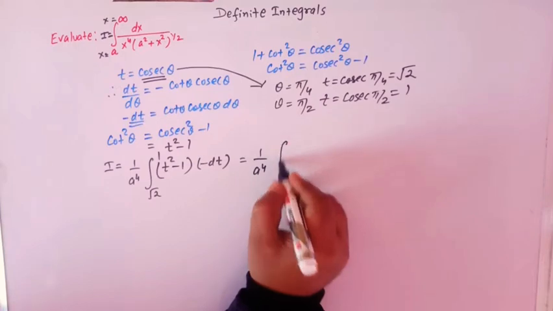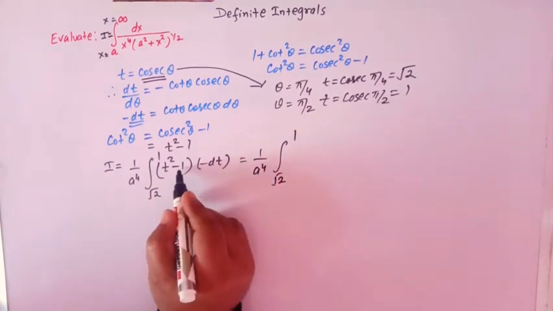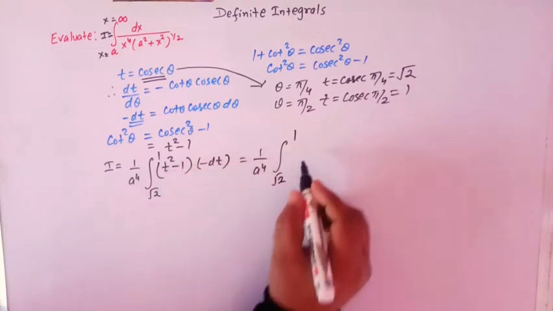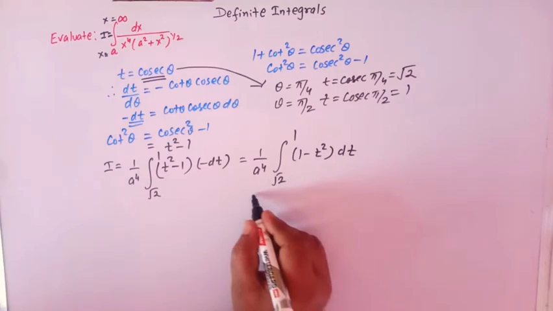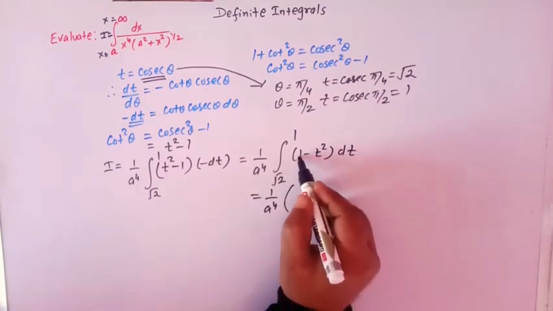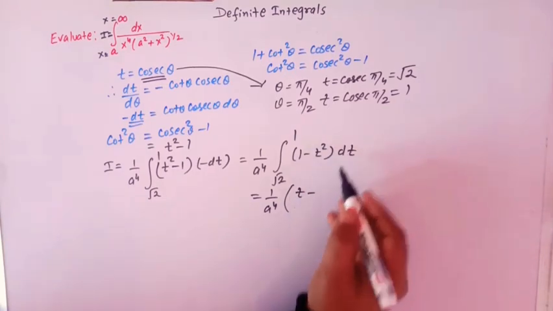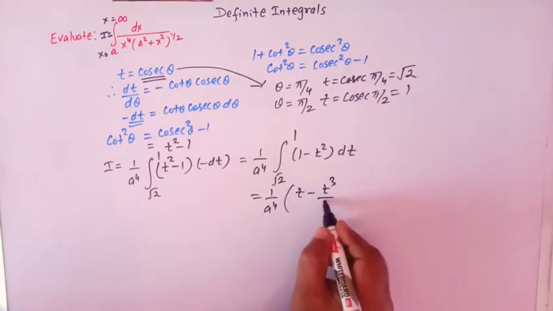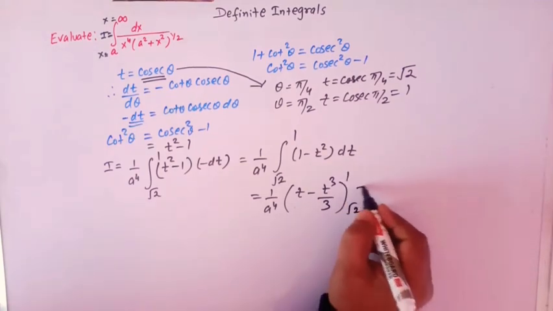Okay, so now we have a very simple integral, and we can write this integral as 1 over a raised to 4, integral from root 2 to 1, and this negative sign is multiplied here, so we have 1 minus t square dt, right? So now the integral of 1 dt is simply t, and the integral of t square dt is t cube over 3, and the limits are from root 2 to 1.